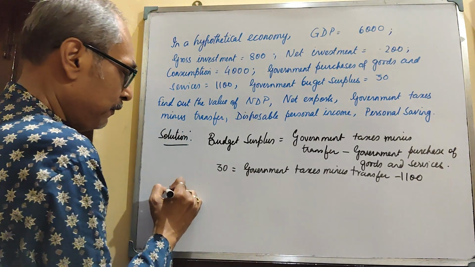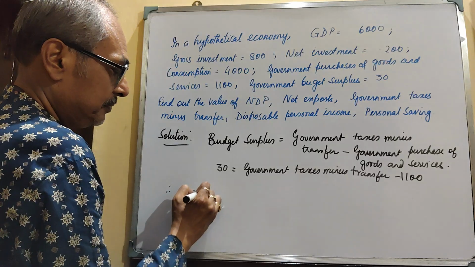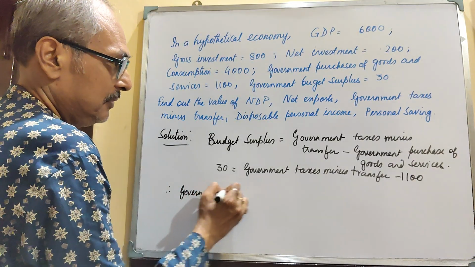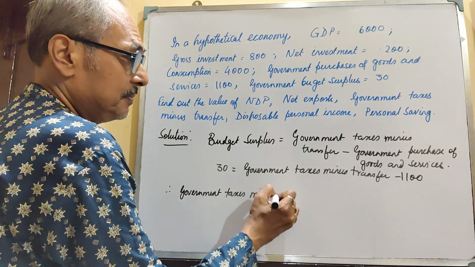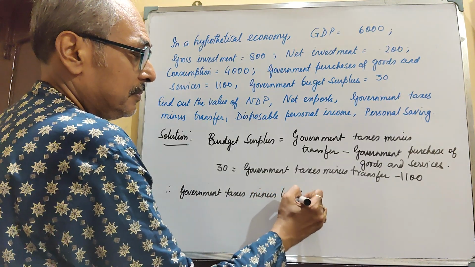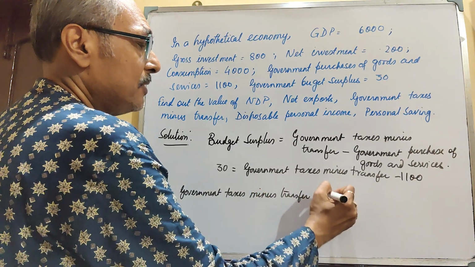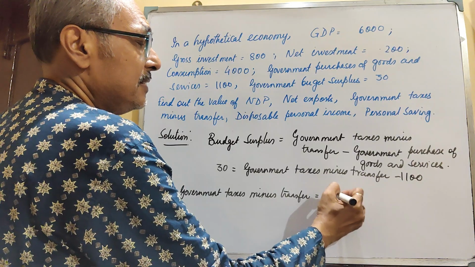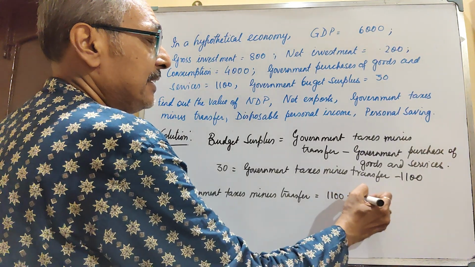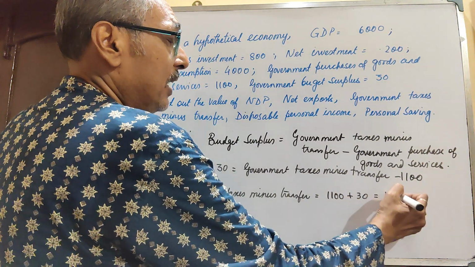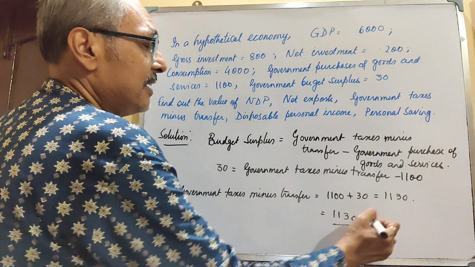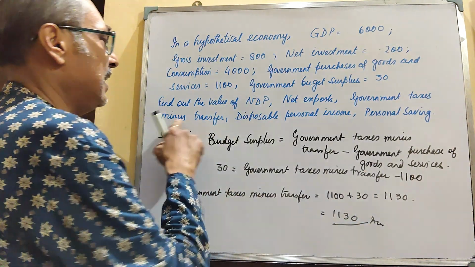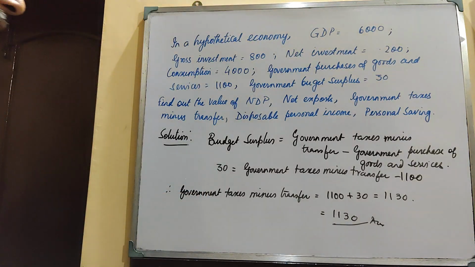Therefore, government taxes minus transfer equals 1100 plus 30, which is 1130. This is the answer of this part, government taxes minus transfer.